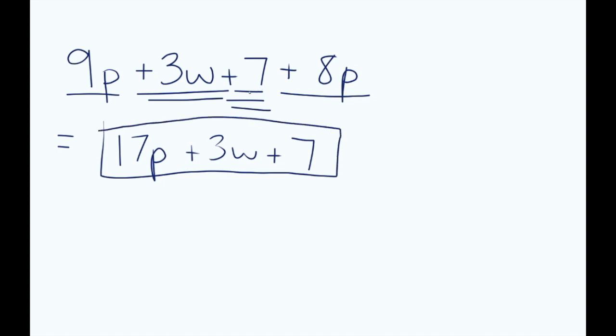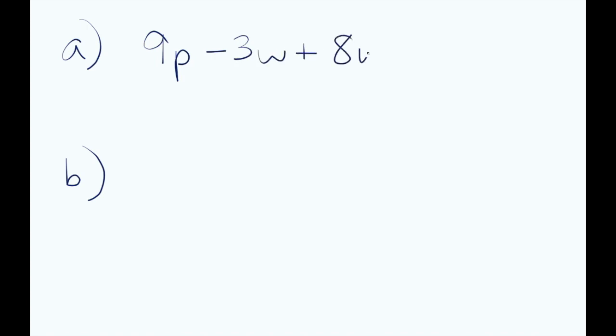I'm going to give you a few to try on your own. So I'm going to erase this here, and let's say we're going to have A and B for you to try on your own. I'm going to have 9p again, but minus 3w plus 8w minus 10p.